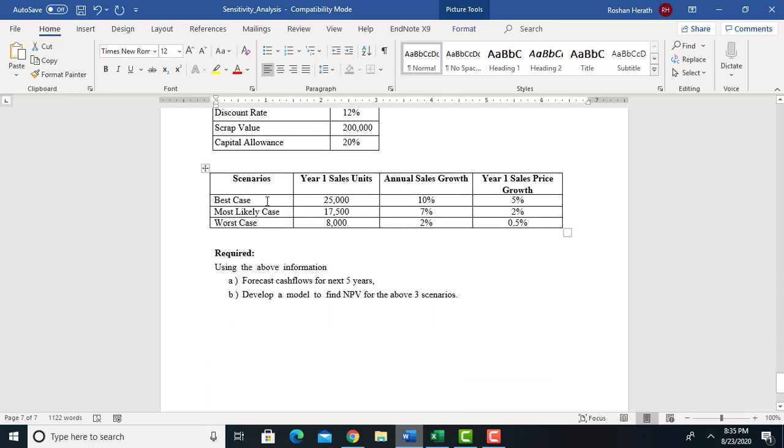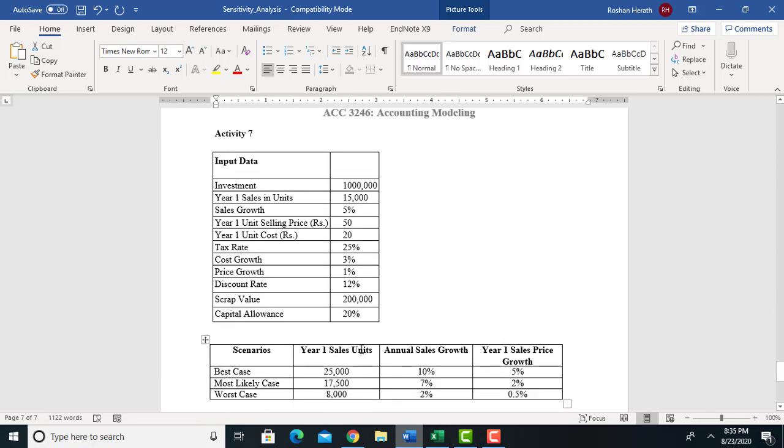Here we identified 3 scenarios called best case, most likely case, and worst case. Under that we identified how sales units can be different under different scenarios, and the annual sales growth could vary, and also the sales price growth. So accordingly, under each scenario we identified 3 inputs.